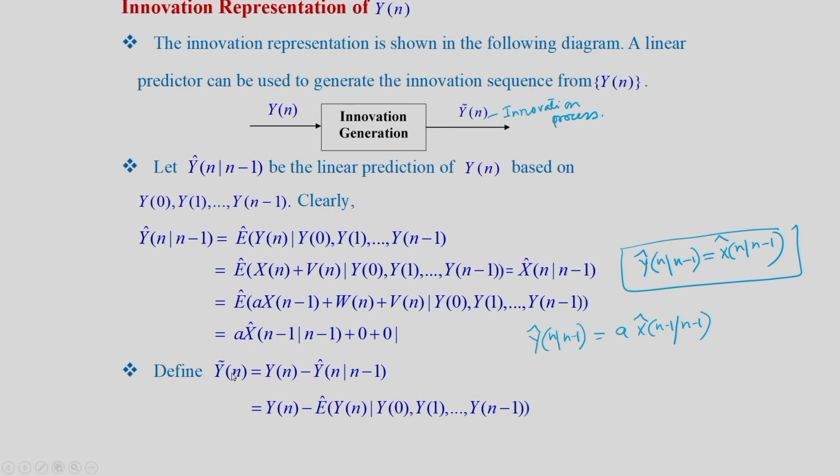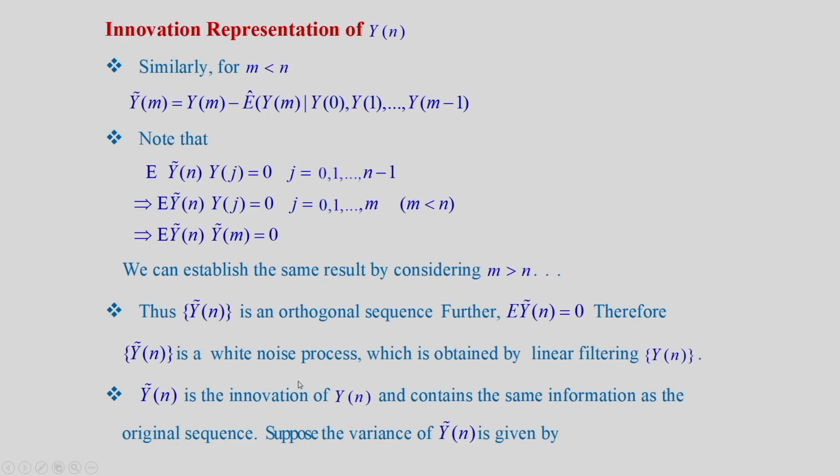Now, we will define the innovation like this: y tilde n is equal to yn minus y hat n given n minus 1. So, that way this is equal to yn minus E cap of yn given y0, y1 up to yn minus 1. That prediction error is the innovation sequence.